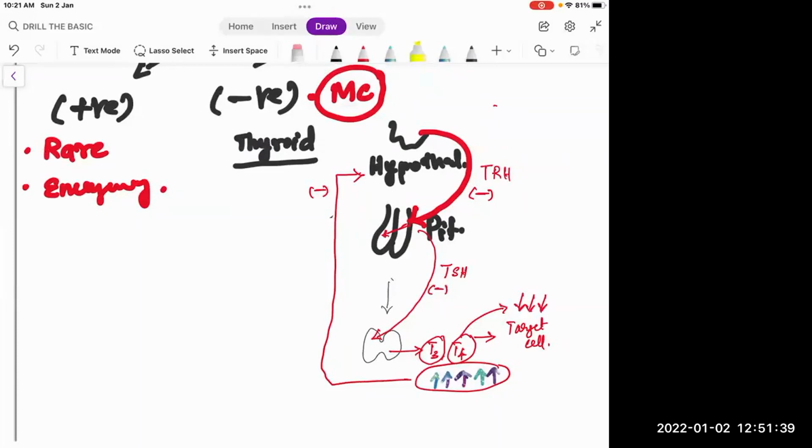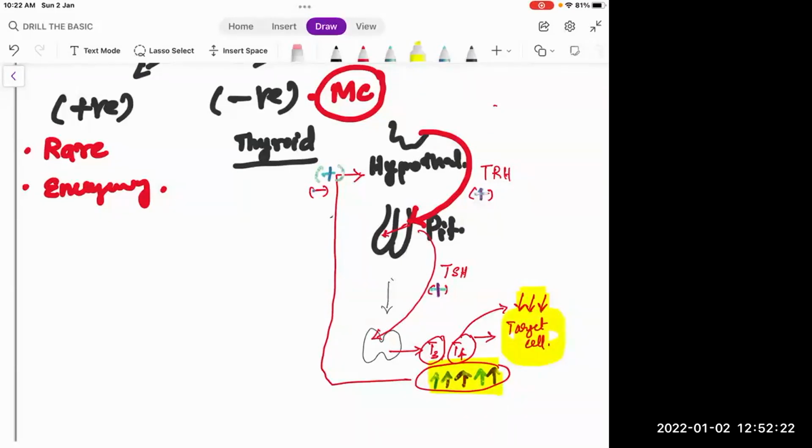If T3 and T4 are low, then the same mechanism will work, but instead of a negative feedback signal, it will give a positive signal to the hypothalamus, a positive signal to the pituitary, and a positive signal by the TSH to counter the defect, and it will increase T3 and T4. So whether there is excessive secretion or deficiency in the secretion, hypersecretion or hyposecretion, whatever the defect may be, it will be received by the receptors on the target cells.